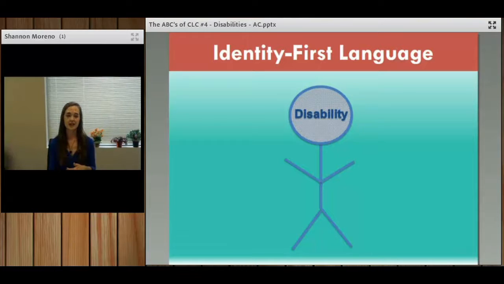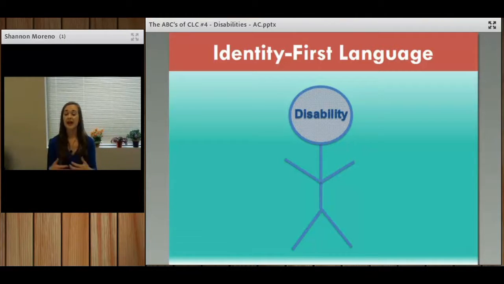Someone who would prefer identity-first language would say, I am XYZ. That is a part of me. You cannot separate me from this disability. I view the world differently because of this disability. I engage with my community differently, in part because of this disability. You cannot separate me from this disability. It's a part of who I am.